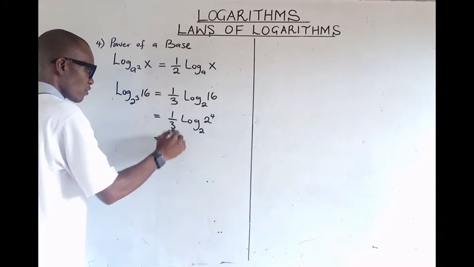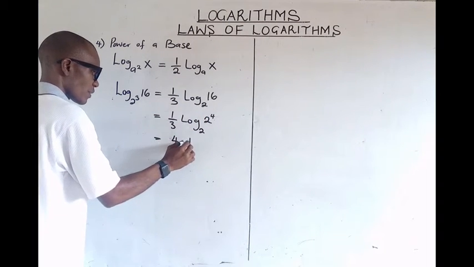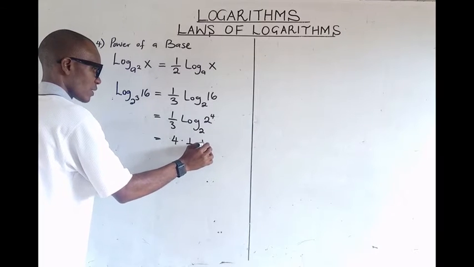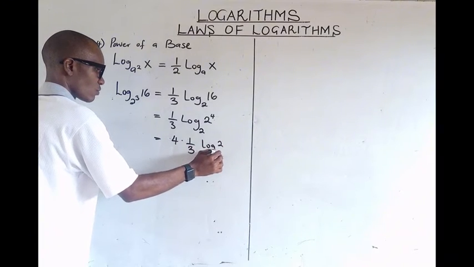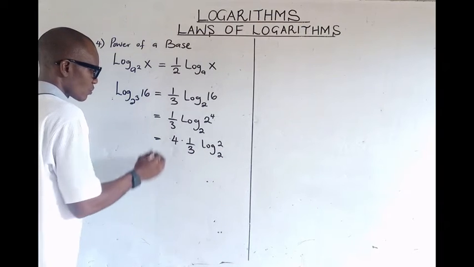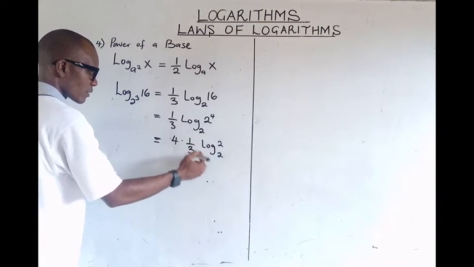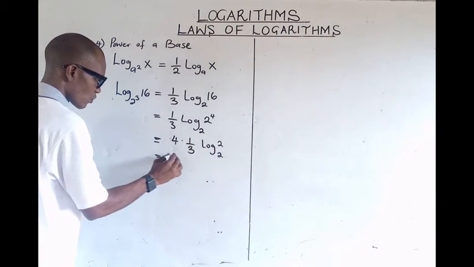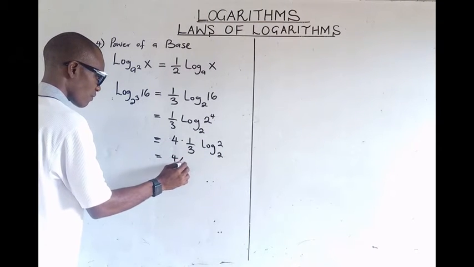So this 4 will be going over to this side to give us 4 multiplied by 1 all over 3 log 2 base 2. Log 2 base 2 is equal to 1. The whole of this is equal to 1. So we have this as 4 all over 3.